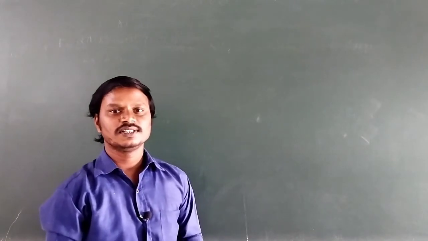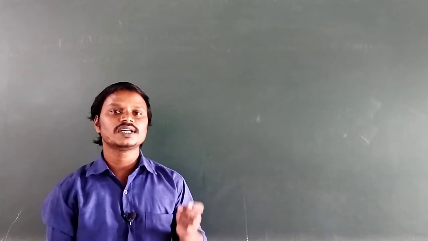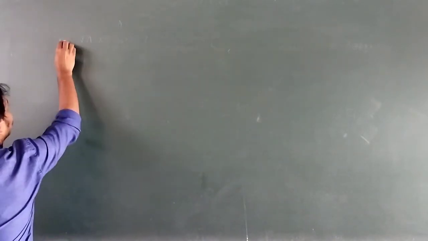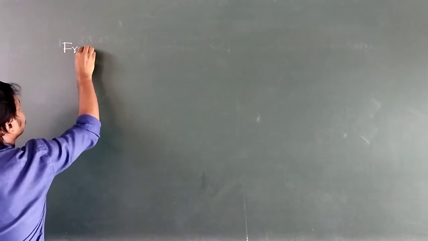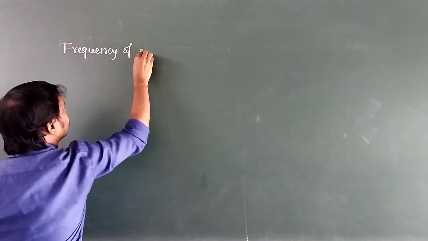So next one, the frequency of emitted radiation during the transition of an electron from higher orbit to lower orbit.